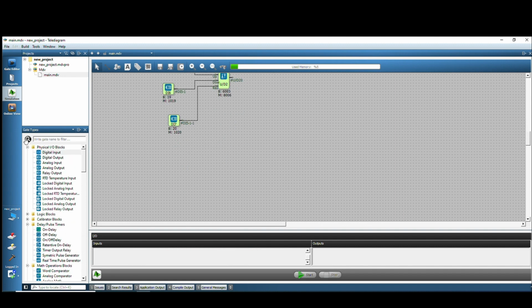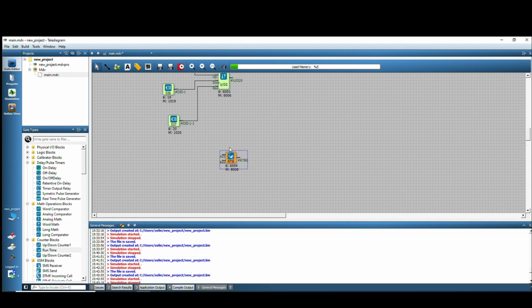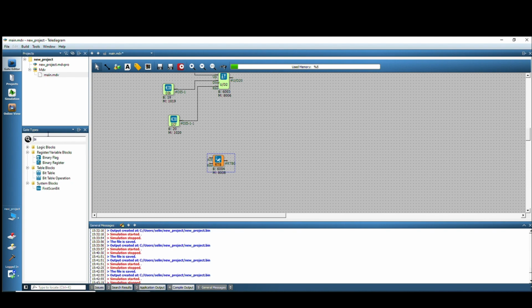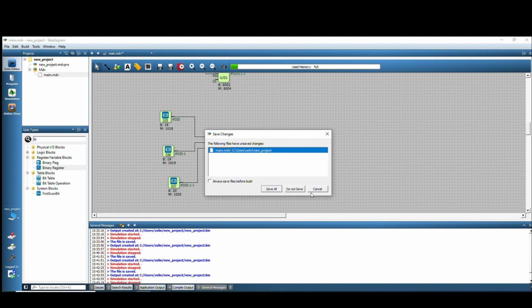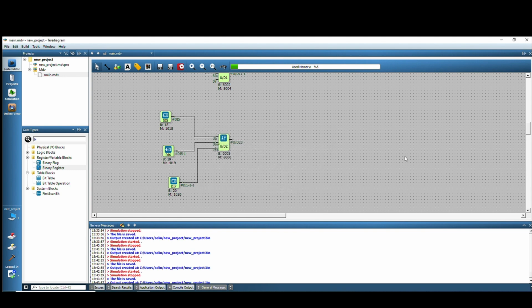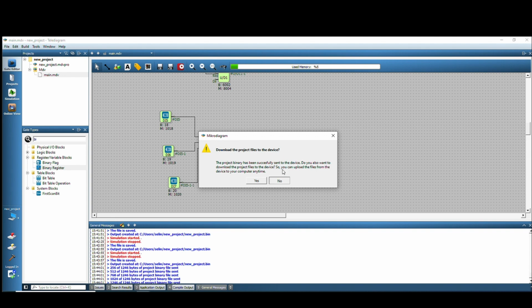Lastly, let's give an example of working time. Binary register is connected to blocks active in runtime block only works in online monitoring, so let's connect to the device via telediagram and upload the created project.